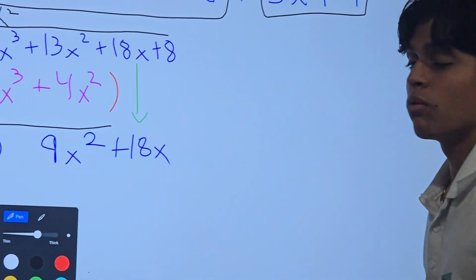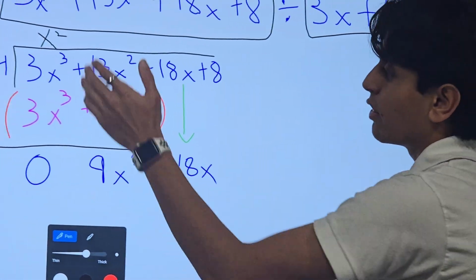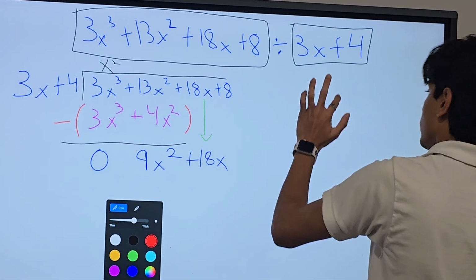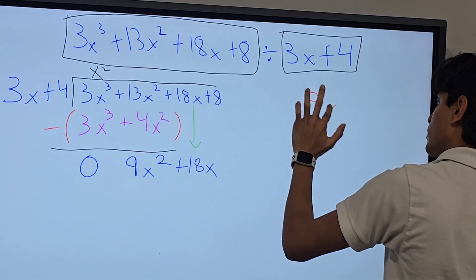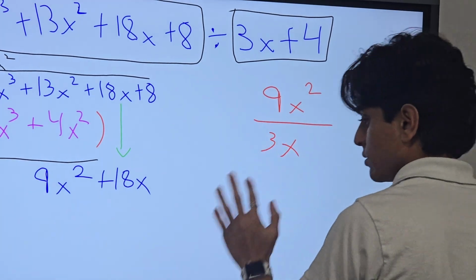Now, just like regular long division, we will bring down our next term, which is positive 18x. Now, with our new first term, 9x squared, we divide it by 3x to see how many times 3x can go into 9x squared. So, 9x squared over 3x.